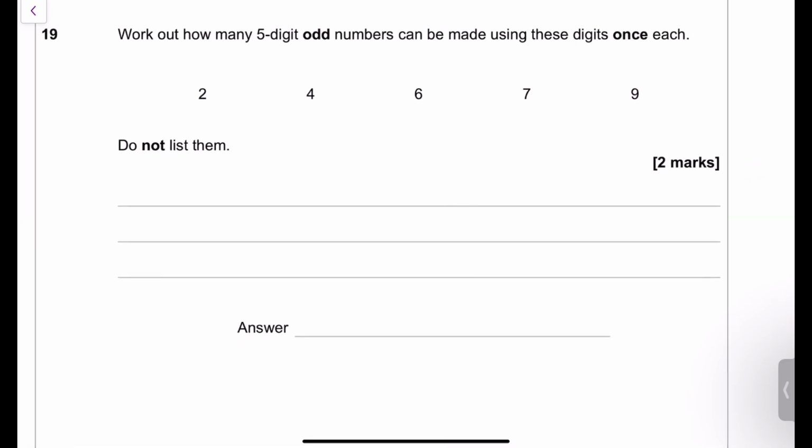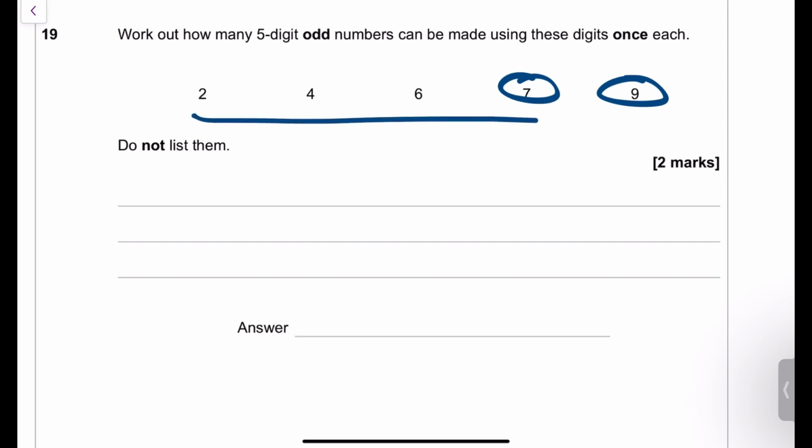Work out how many 5-digit odd numbers can be made using these digits once. How many 5-digit odd numbers? Who cares? Right, okay. Well, it can end in a 7 or it can end in a 9. So it's how many ways that these can be ordered.